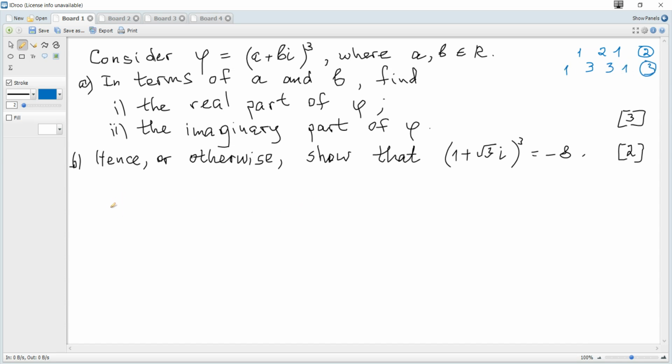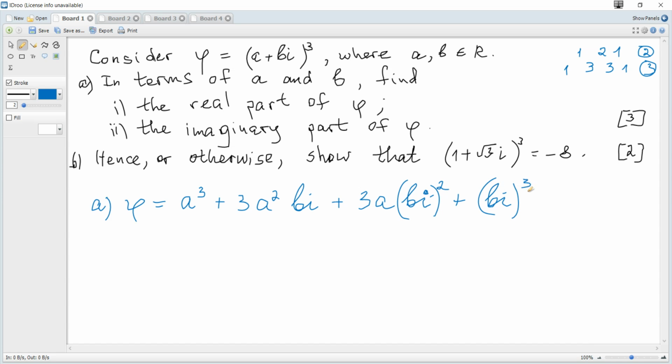So phi becomes 1 times a cubed times (bi) to the power 0, which is 1, plus 3a squared (bi) to the power 1, plus 3a to the power 1 (bi) squared, and plus 1 times a to the power of 0 times (bi) cubed, and it becomes a cubed plus 3a squared bi.